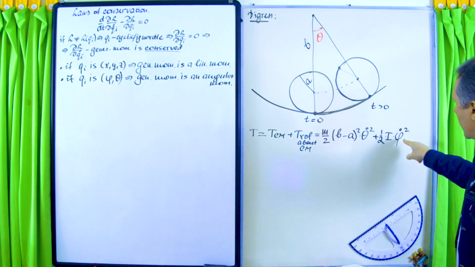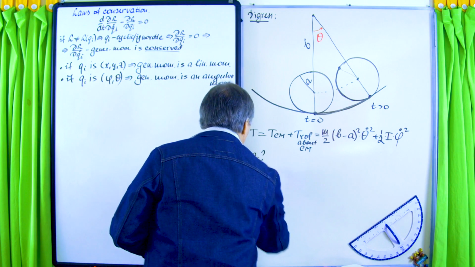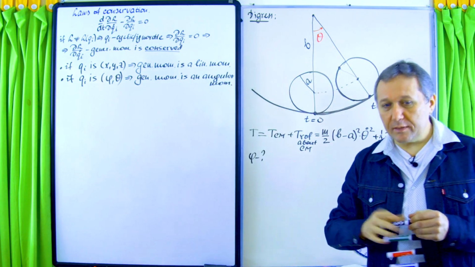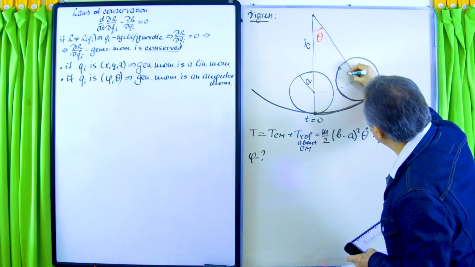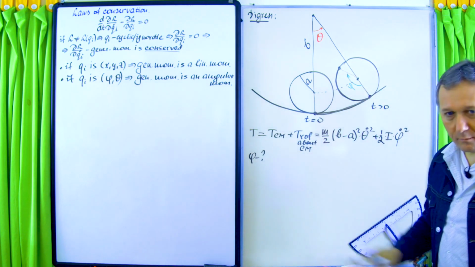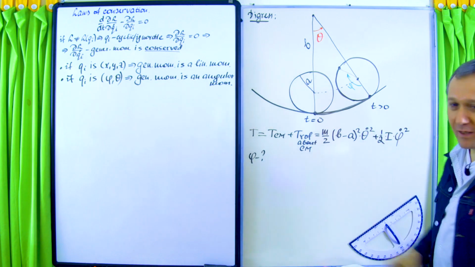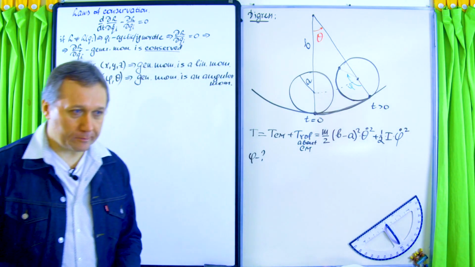So let me put phi and a question mark. Usually students use this angle, and they call it phi. We will erase it, but usually that's the choice of the students. So now let's discuss: will it work?